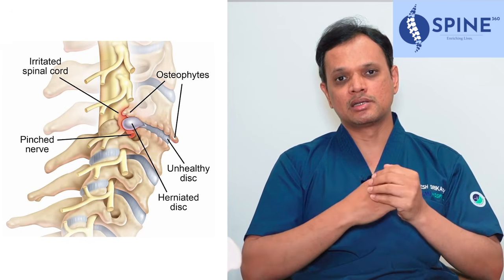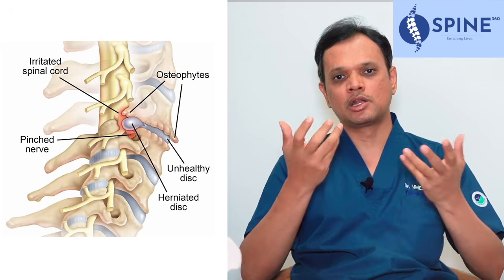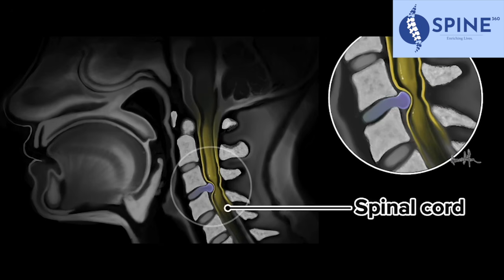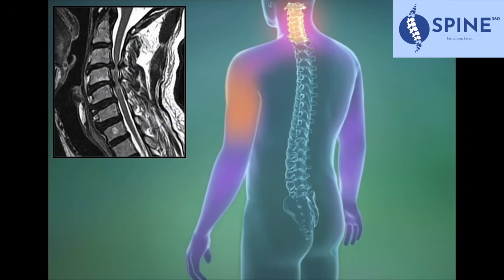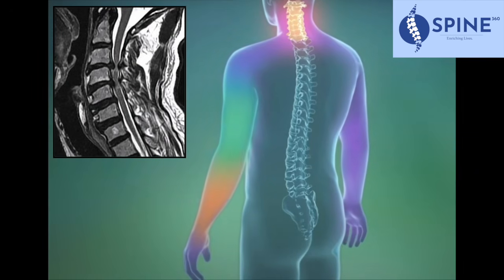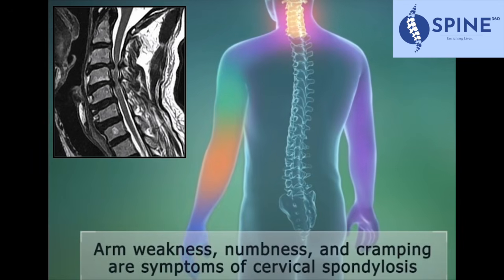The third pattern is even more serious, because this involves the main nerve, that is the spinal cord. As you know, the spinal cord transmits the nerves all the way from our brain to the hands and to the legs. When the cervical spondylosis changes cause compression on the spinal cord, at even one level or at multiple levels, this results in spinal cord dysfunction.